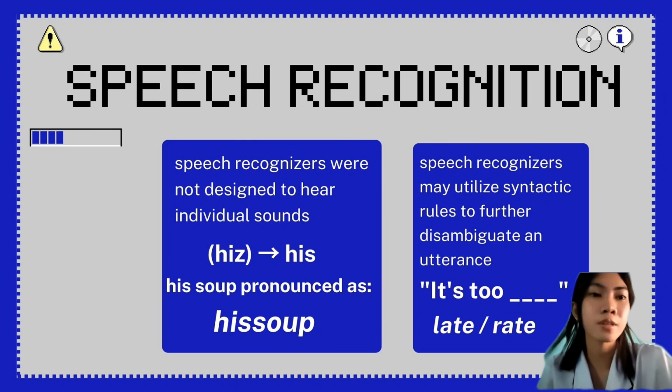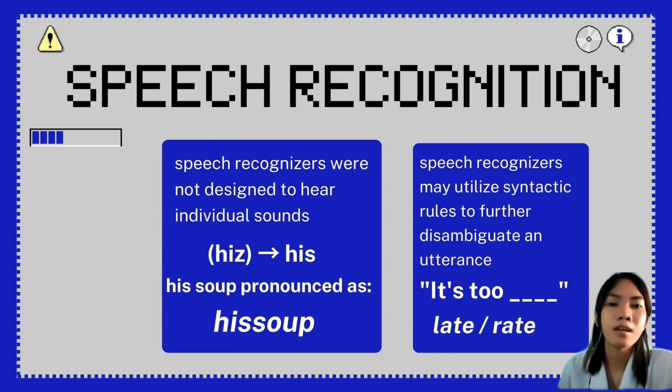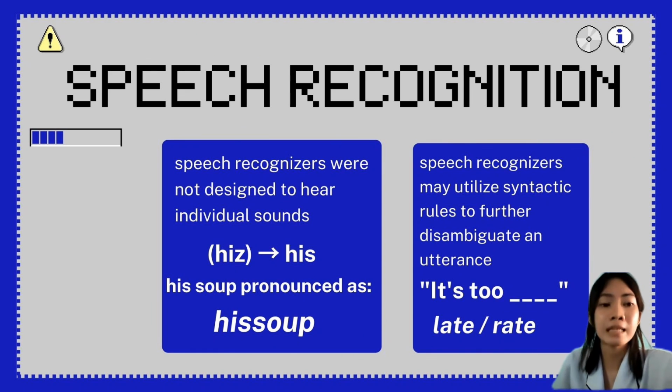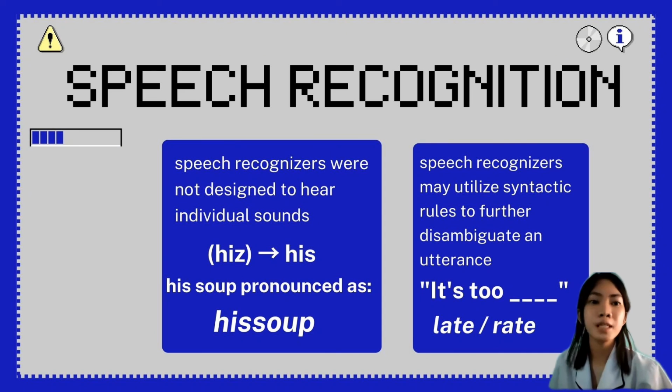So speech recognizers may utilize syntactic rules to further disambiguate an utterance. For example, it's too late, or wait. Either of the two that you say, it can't recognize properly, because there are syntactic rules that further interpret or disambiguate your utterance.